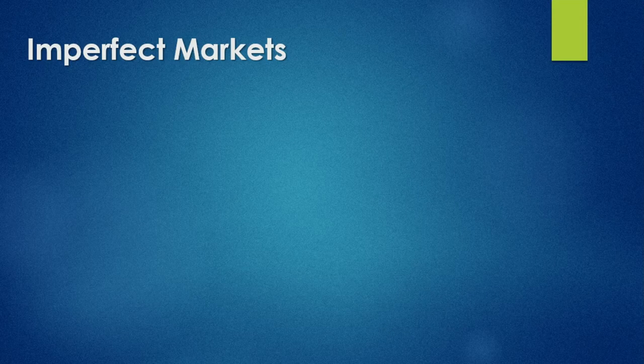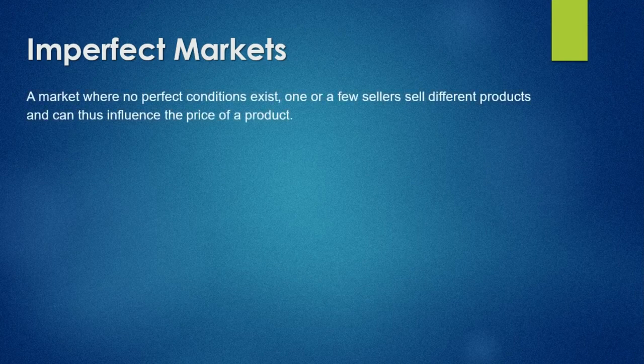Right, so let's get into imperfect markets. So what is an imperfect market? Well, an imperfect market is where we have no perfect conditions. There are one or a few sellers which sell different products and they have some sort of influence on the price of a product.